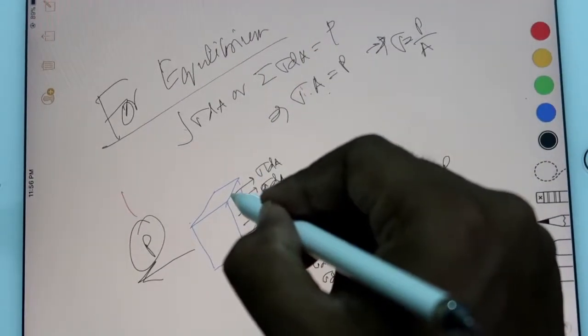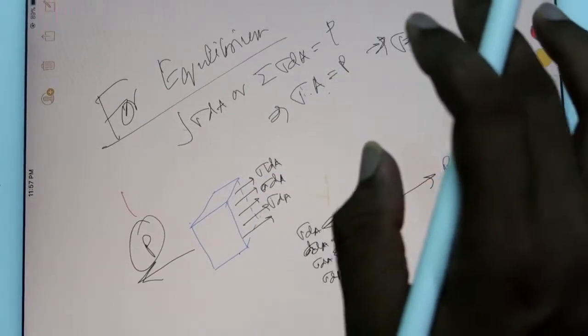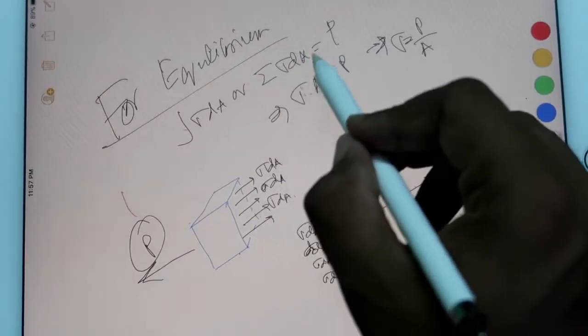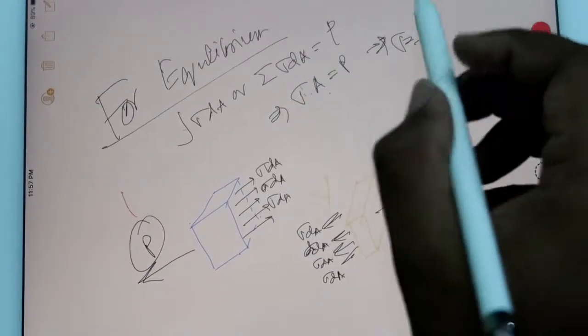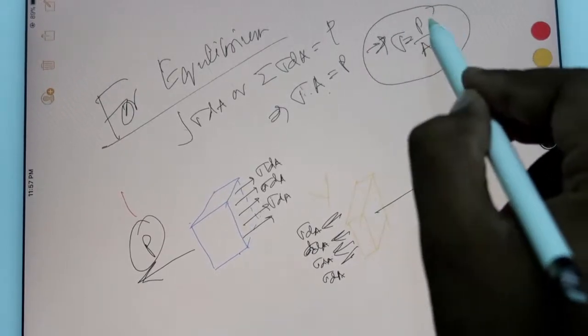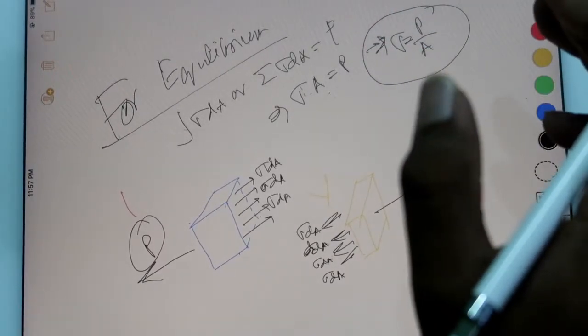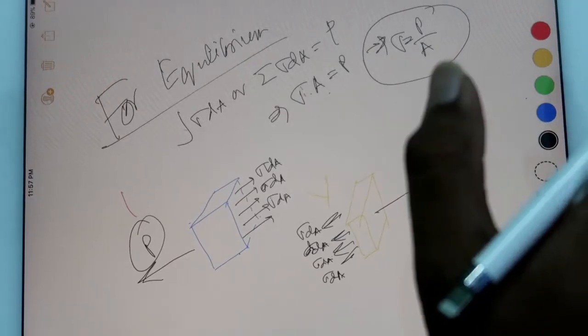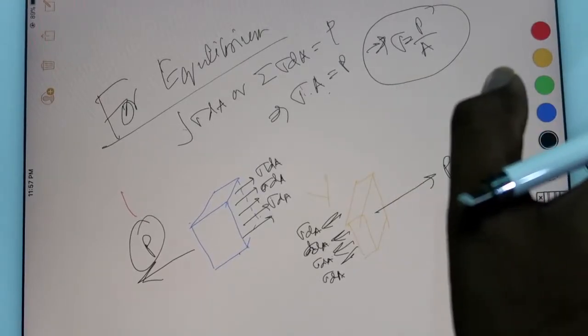Small dA is a very small area, so the summation of the small areas gives the full area. That is why summation of dA equals A, the capital area. So this is our normal stress in axial loading on a prismatic bar.